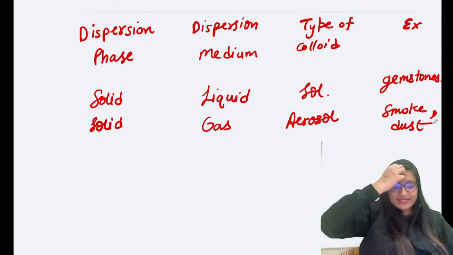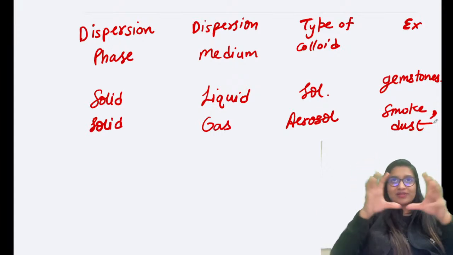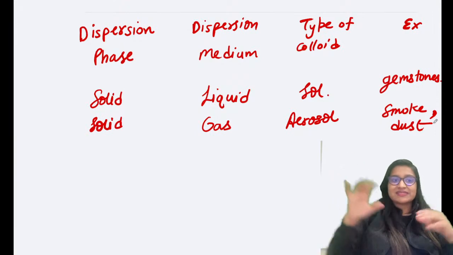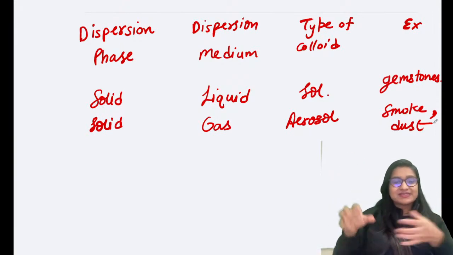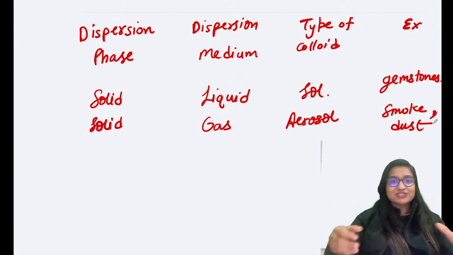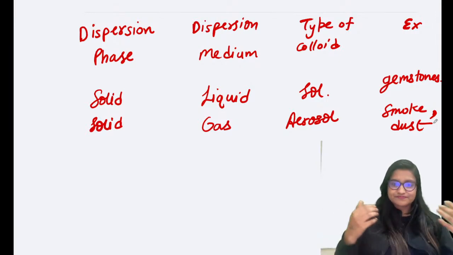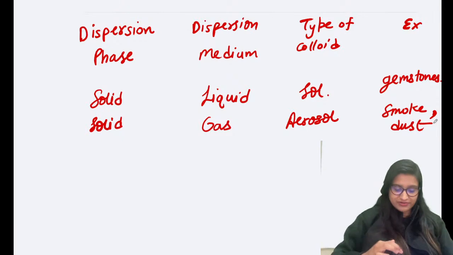If you see the Tyndall effect, right? You see dust particles in air, so some solid particles are in gas. So that is why smoke or dust is an example of aerosol, all right? Is there any doubt in this?